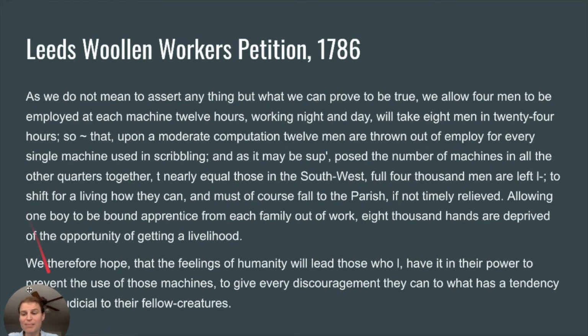As we do not mean to assert anything but that what we can prove to be true, we allow 4 men to be employed at each machine 12 hours, working day and night, will take 8 men in 24 hours, so that upon a moderate computation 12 men are thrown out of employ for every single machine used in scribbling. And as it may be supposed, the number of machines in all the other quarters together to equal nearly those in the southwest, 4,000 men are left.